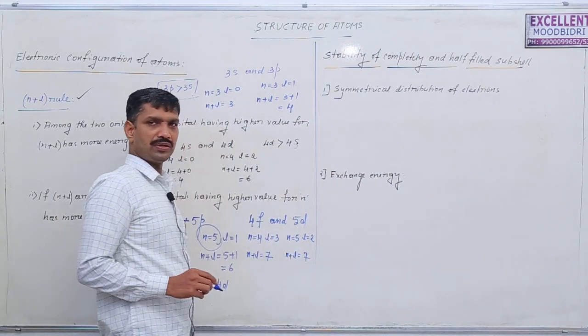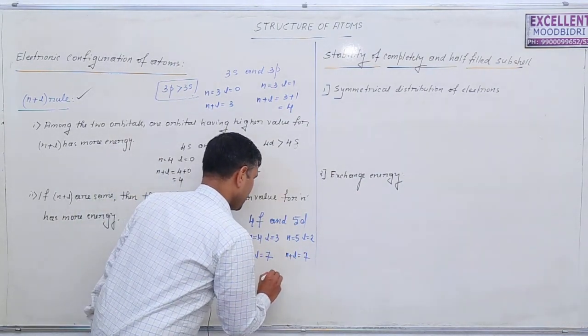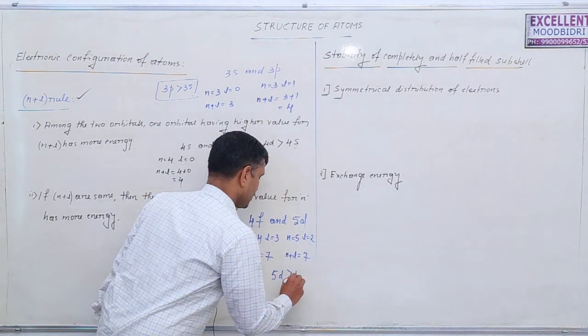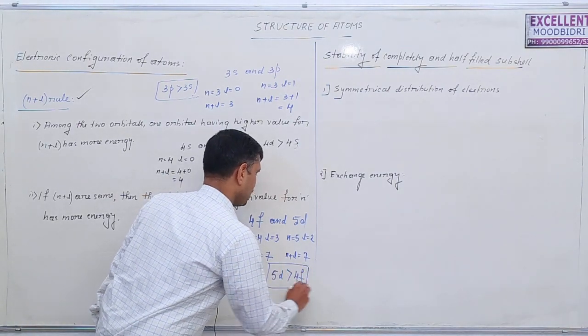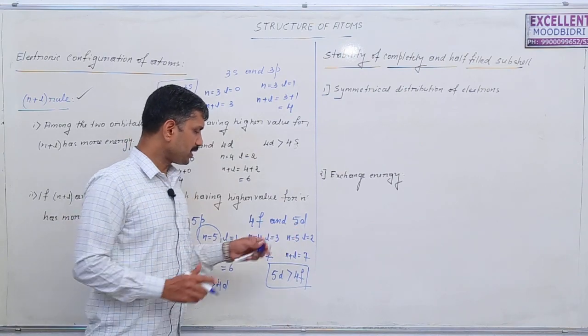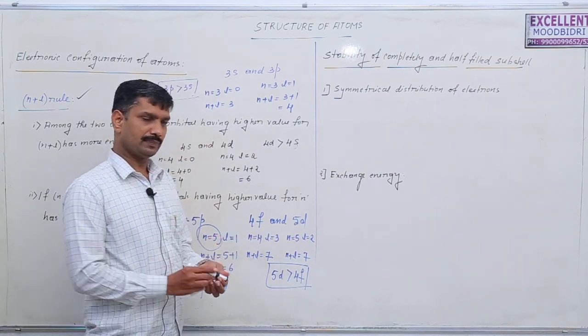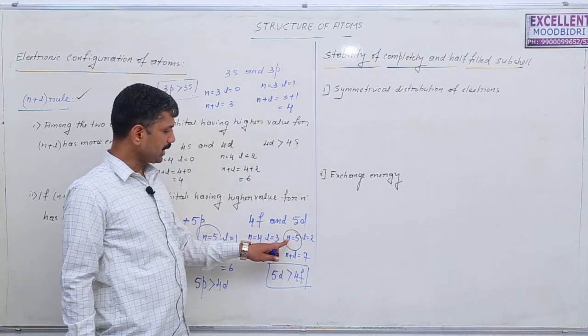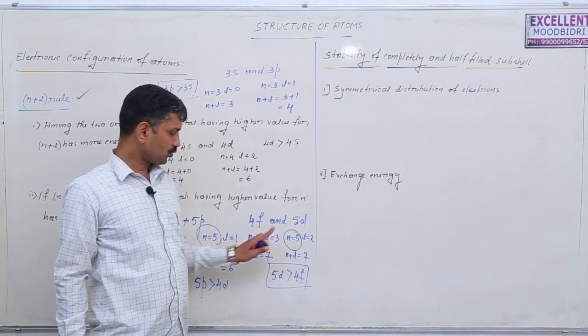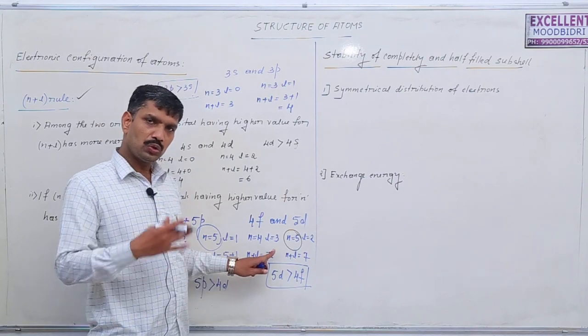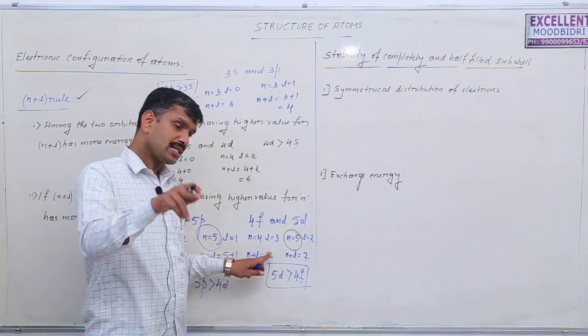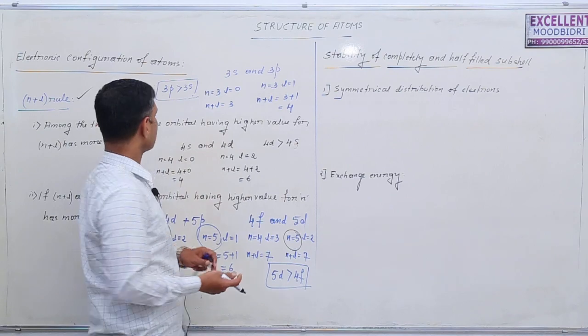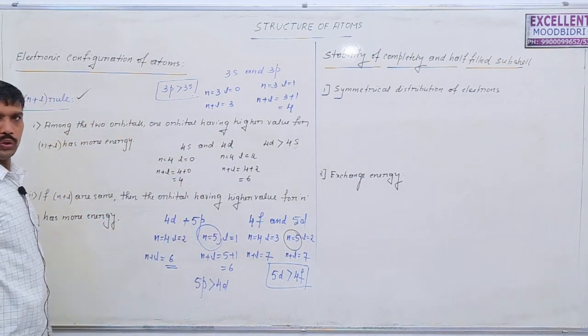Which has higher energy? 5d. 5d has more energy than 4f orbital, because for the 5d orbital the n value is greater. Here n value is 4, here n value is 5. So n plus l values are the same, but the orbital having the higher value for n has more energy. This is the second statement of the n plus l rule.